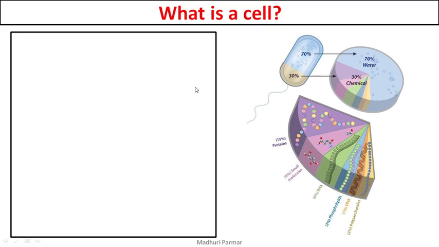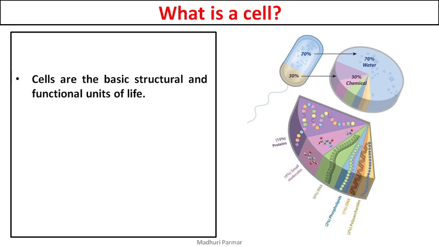So till now, this is the end portion of today's lecture. What did you understand? If somebody asks you a question, what is a cell? What did you understand from today's lecture? So cells are basic structural and functional units of life. If you break a cell, if you go one level below the cell, it is no longer a living thing.